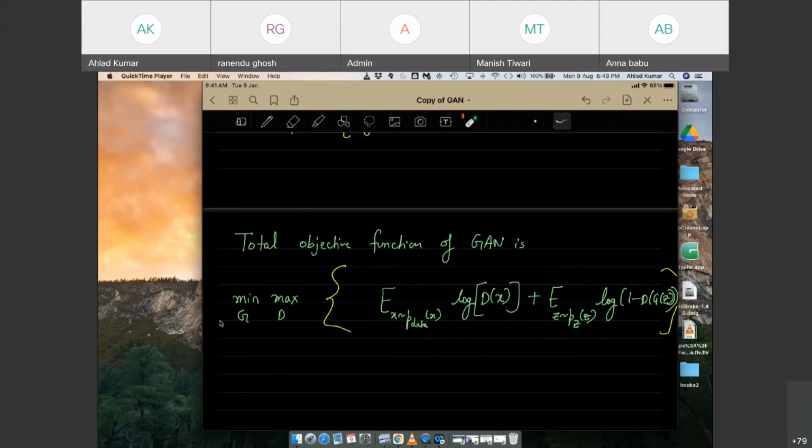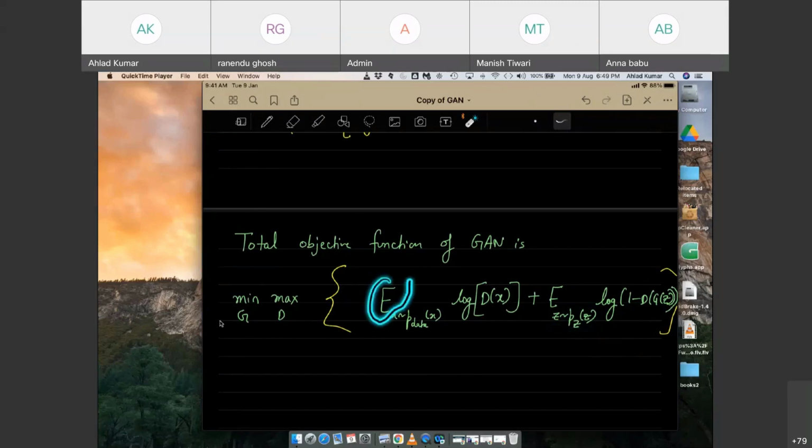So what is happening is, you are actually sampling this x from p data of x, and that x is fed into this, and you are sampling z from p z of z, which is already a known distribution. So this is just representing that.